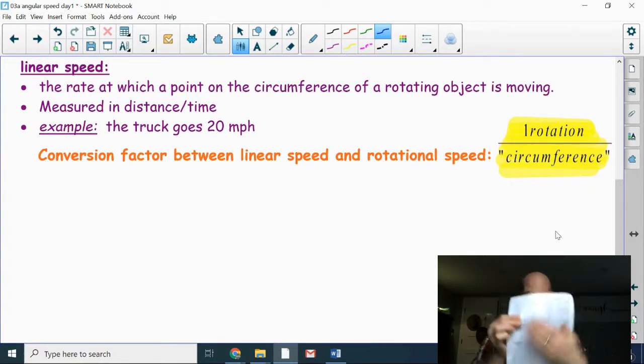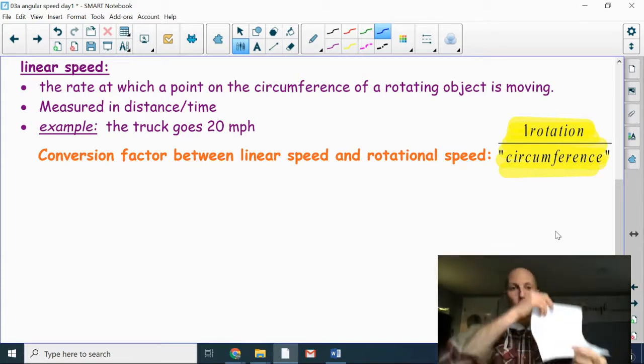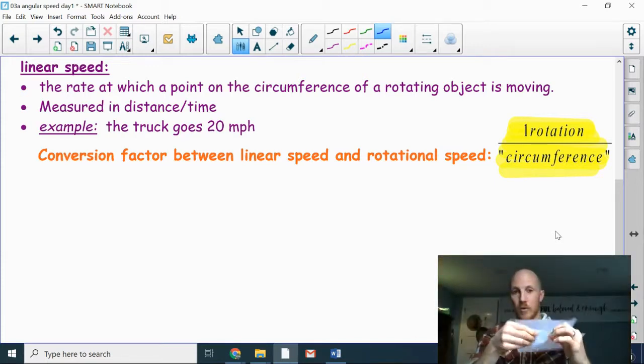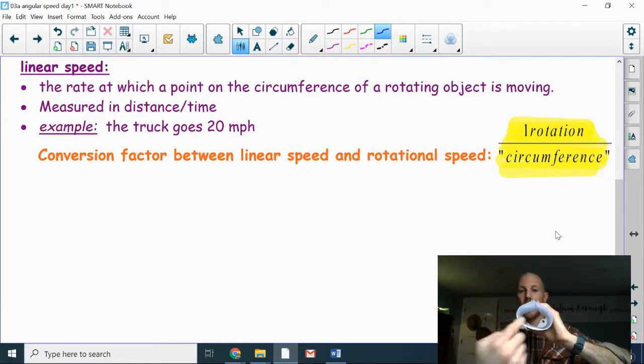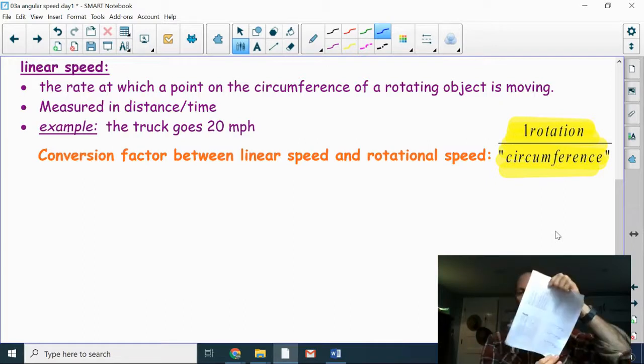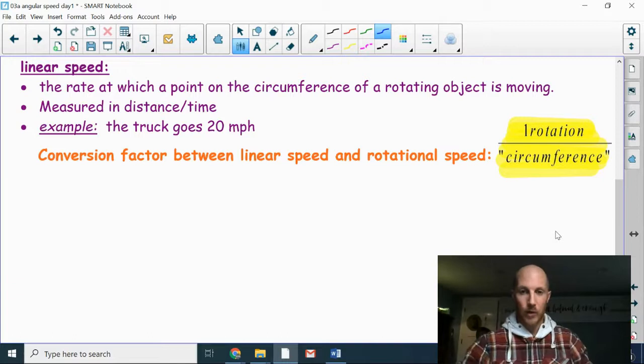If this is your page of notes and you've got linear speed down here at the bottom, imagine looping your page of notes to make a big circle. Look at it from the side. Linear speed is written on the bottom of the page down here. And if we're going to go back to rotational speed, which is at the top of the page, we need the conversion factor you can see on the screen right here.